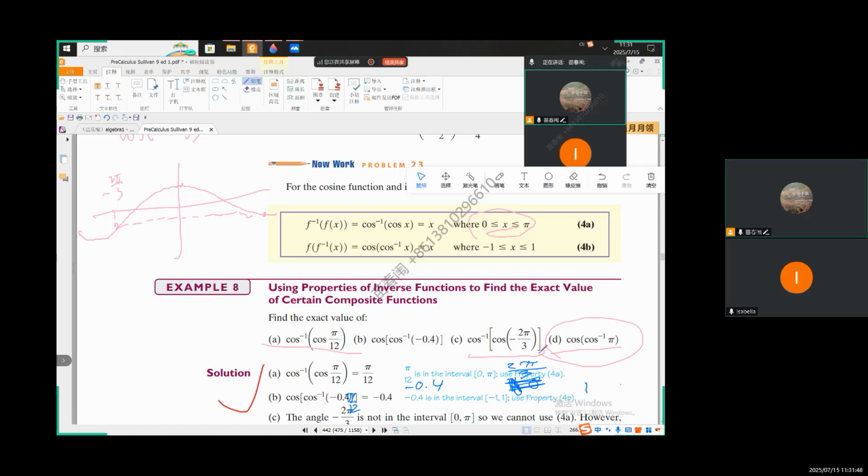The closest within there is probably 1. Or, let me think. What would produce the same value? Okay. Pi would be cosine pi. Not cosine pi, it's cosine value is pi.